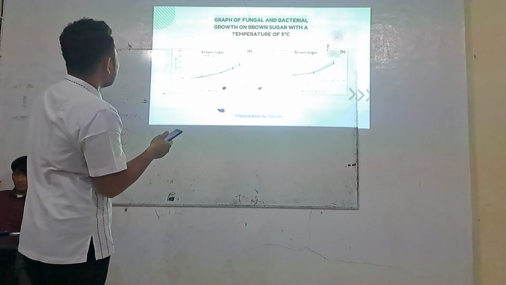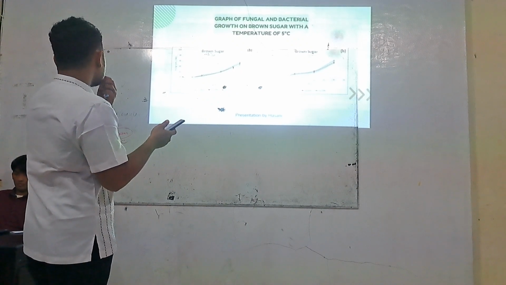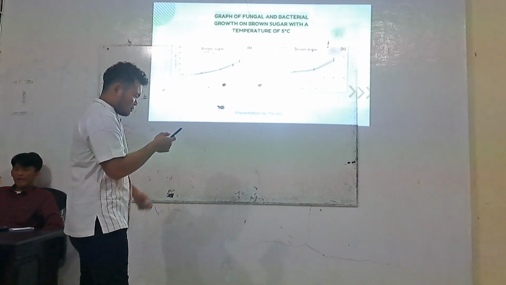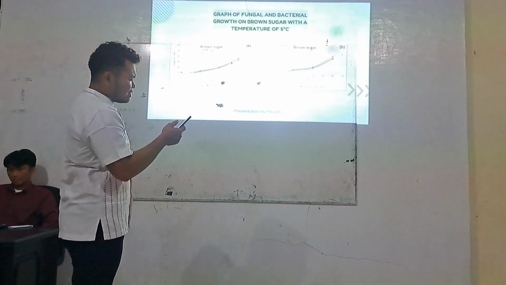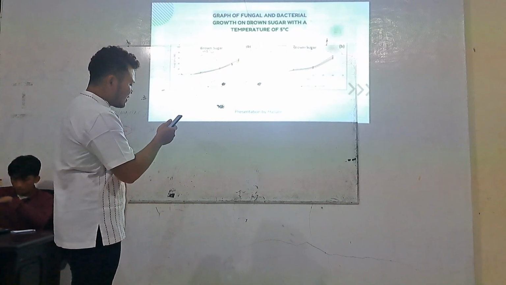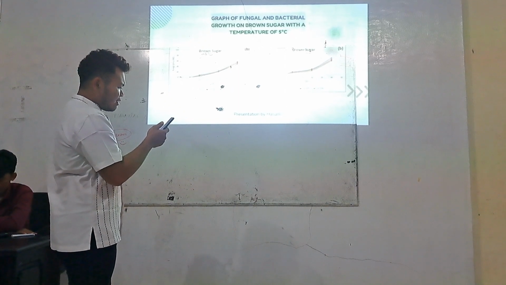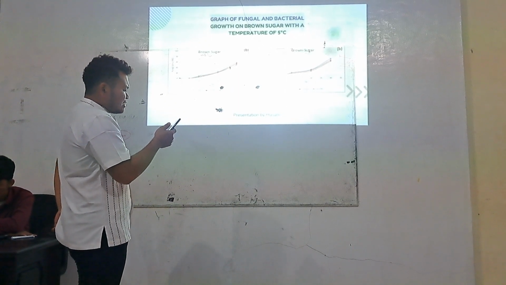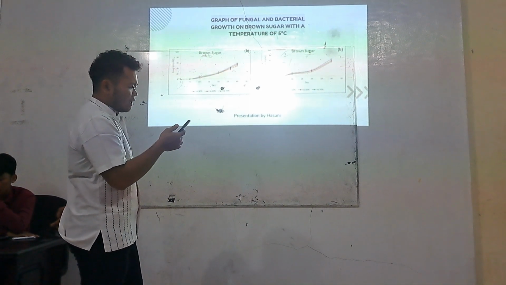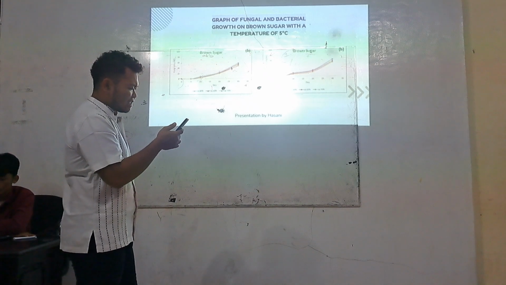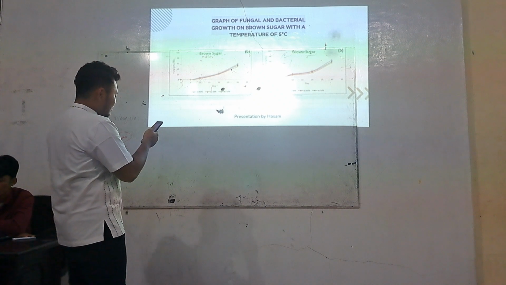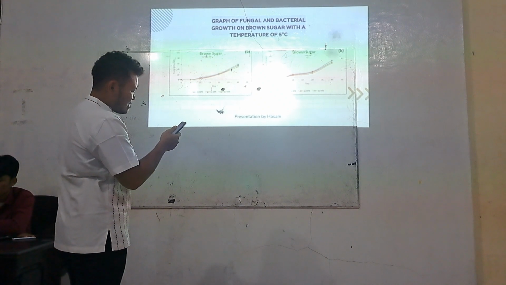Grade of fungal and bacterial growth on brown sugar at a temperature of 5 degrees Celsius. In the sugarcane fungal diagram, it can be seen that there is an increase every day. On day 1 to 5, juice 60% increased by 15%, while juice 65% and 70% increased by 10%. On the 10th day, juice 60% and 65% increased by 20%, while juice 70% increased by 15%.